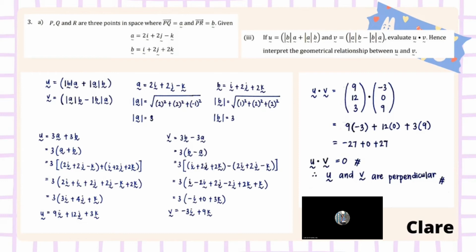Then we simply multiply the numbers and we got the answer of scalar product vector u and vector v is equal to 0.